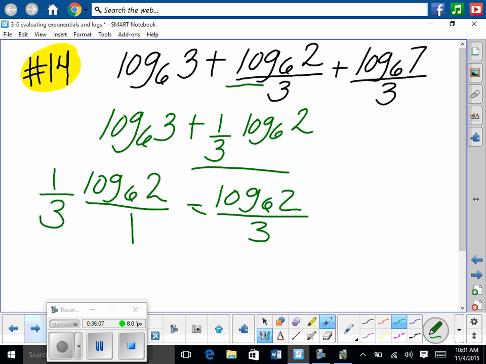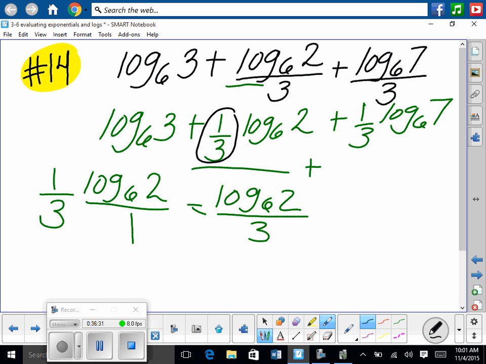Okay. All right, so what we have is this. So you tell me, how will we rewrite this piece? Plus what? Oh, right here. Let's rewrite this piece. So what are we going to rewrite it as? 1/3 log to the base 6 of 7. And then we will grab anything being multiplied and pull it back up into our exponent.